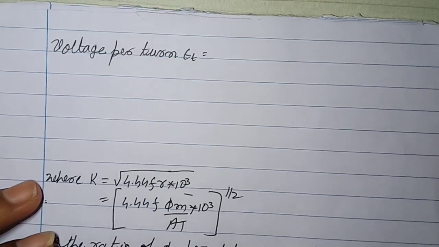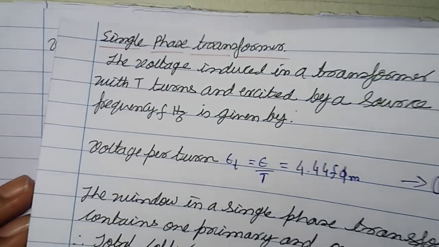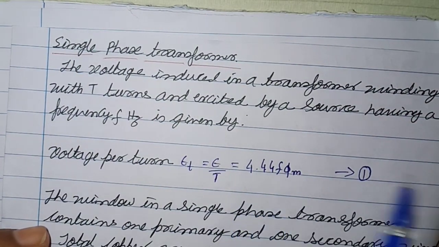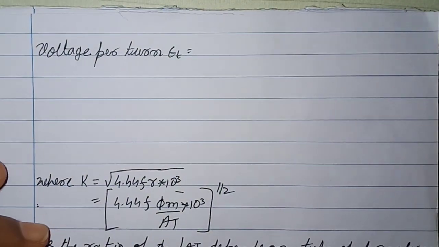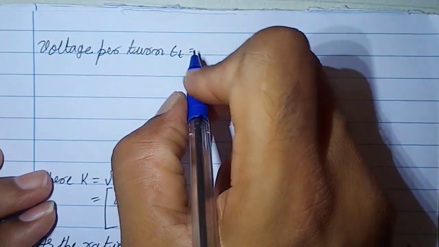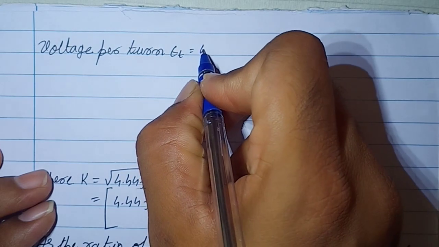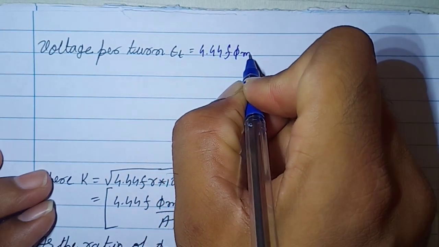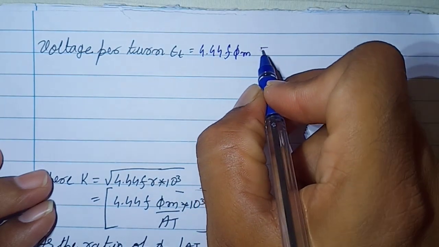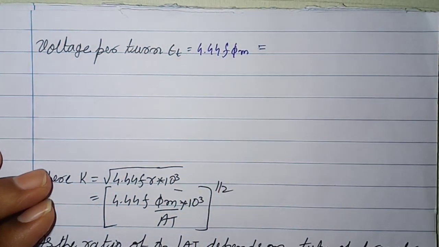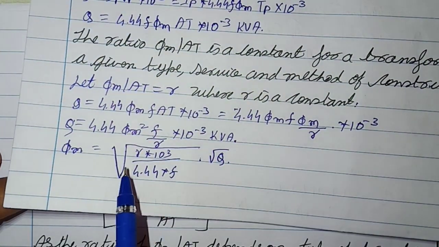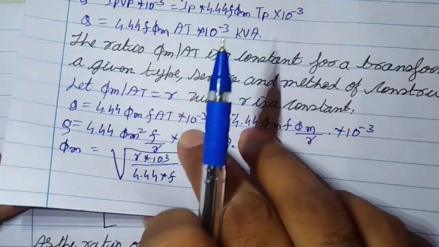Next, voltage per turn Et. Again from the basic equation, it is 4.44 F phi m. That is what we are writing here. So Et is equal to 4.44 F phi m. Now we are substituting the value of phi m, the value that we have for phi m.